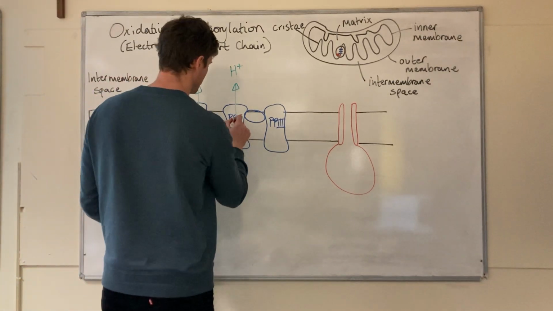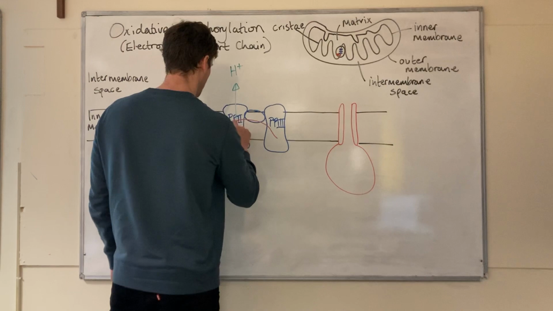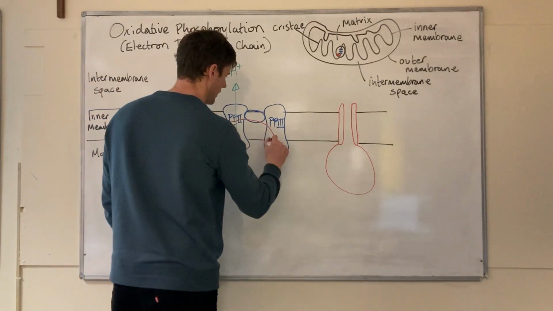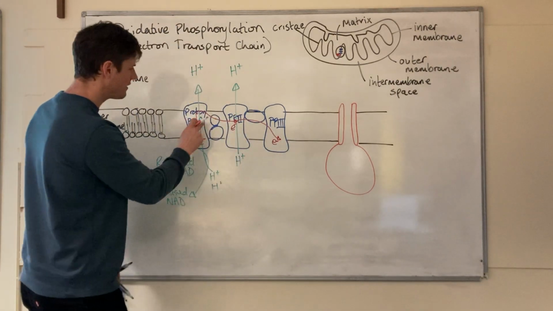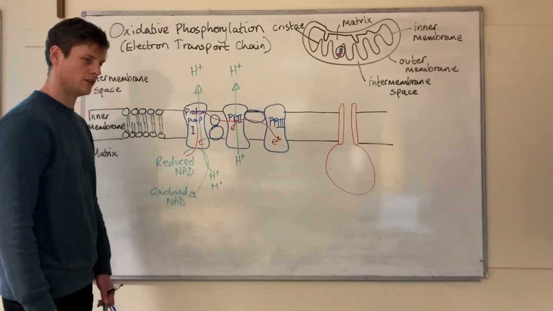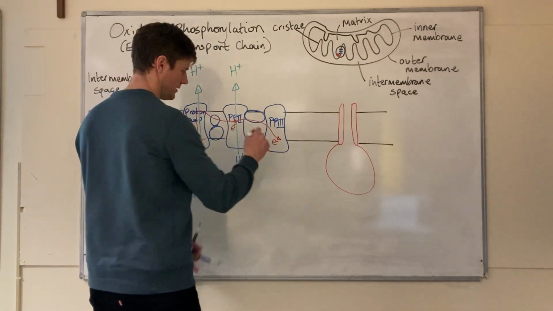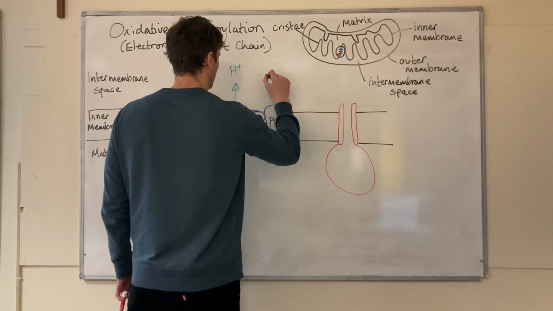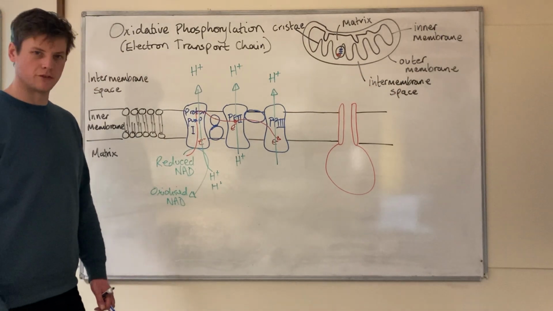That electron's lost a little bit more energy, but it passes on from the second proton pump to the third proton pump in this series of oxidations. At the third proton pump, energy is provided from the electron to actively transport more protons.